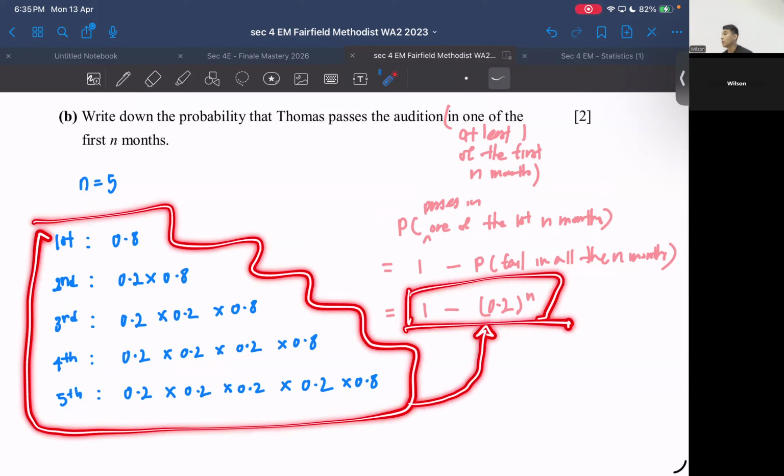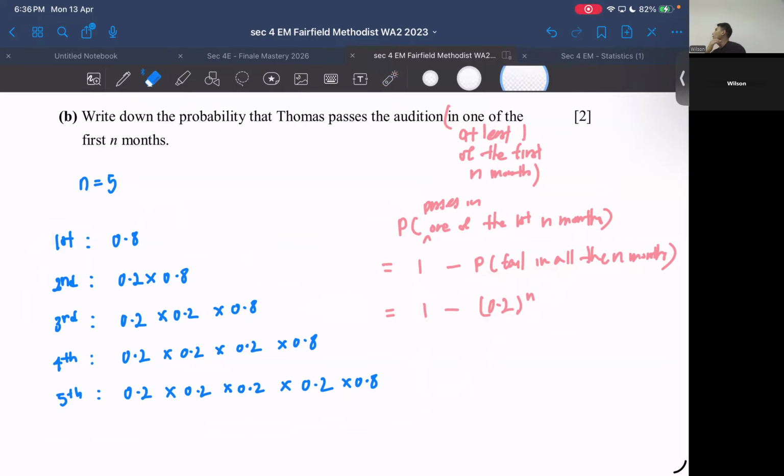Remember, at least means, for example, if I want to find out at least one of the flowers picked is yellow, I take 1 minus the probability that no flowers picked is yellow, correct? Because I'm eliminating all the other probabilities that have to do with passing. So in this case, 1 minus the probability that you fail in all of the n months, so I'll just take 1 minus 0.2 raised to the power of n. Does it make sense?